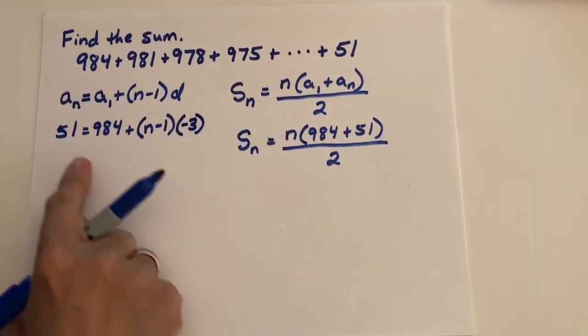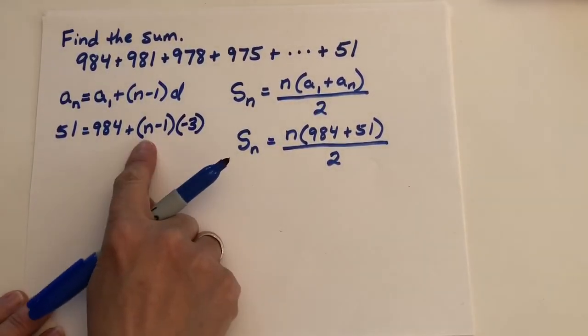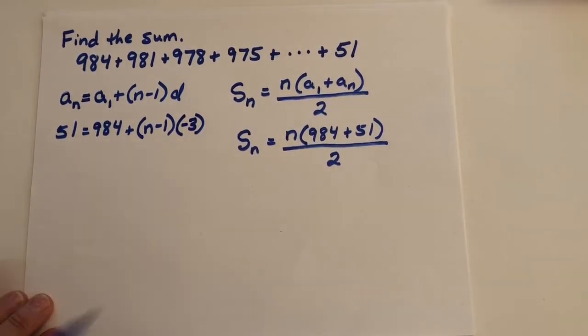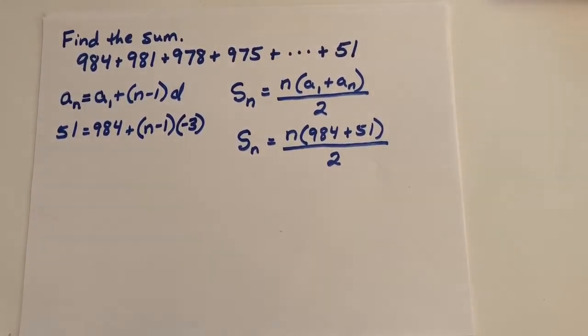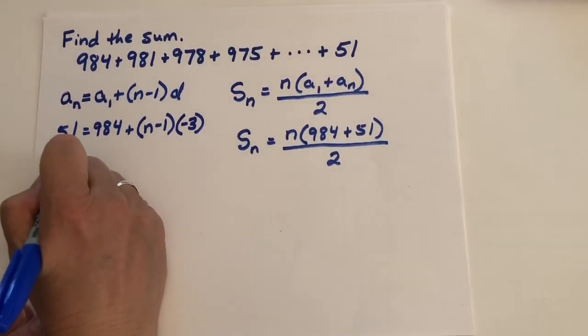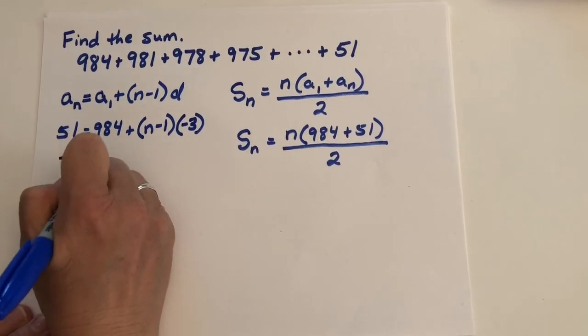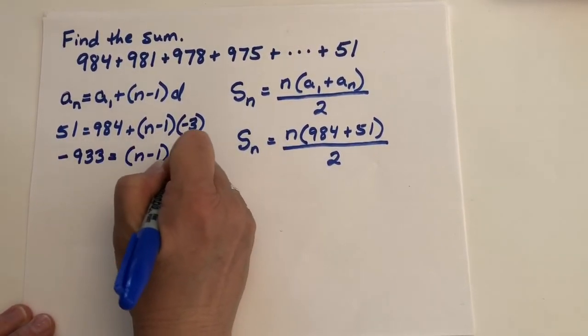And now we have a linear equation to solve. Sometimes people distribute that -3. I usually don't, and I'll show you why in just a minute. I'm going to subtract 984 from both sides. So I have 51 minus 984. So that's -933 equals n minus 1 times -3.